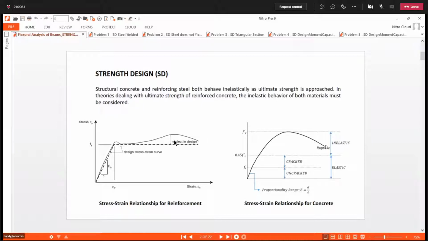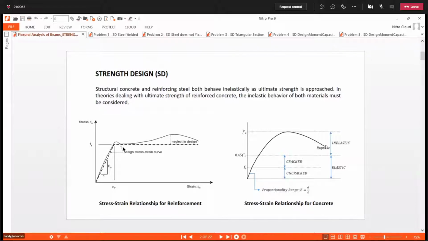Okay? So yun yung ating stress strain diagram for our material. But in design, sa design and analysis, hindi natin ginagamit yung ultimate strength o yung ultimate stress ng material.